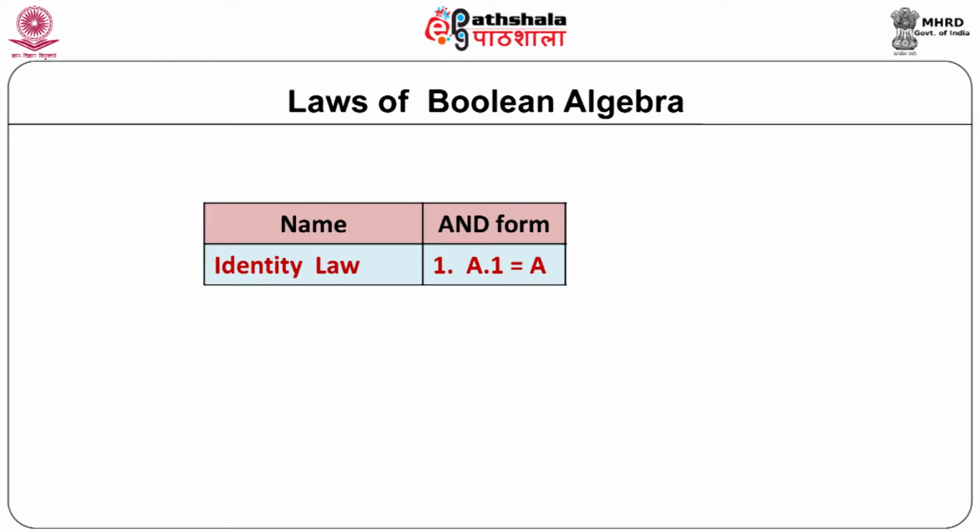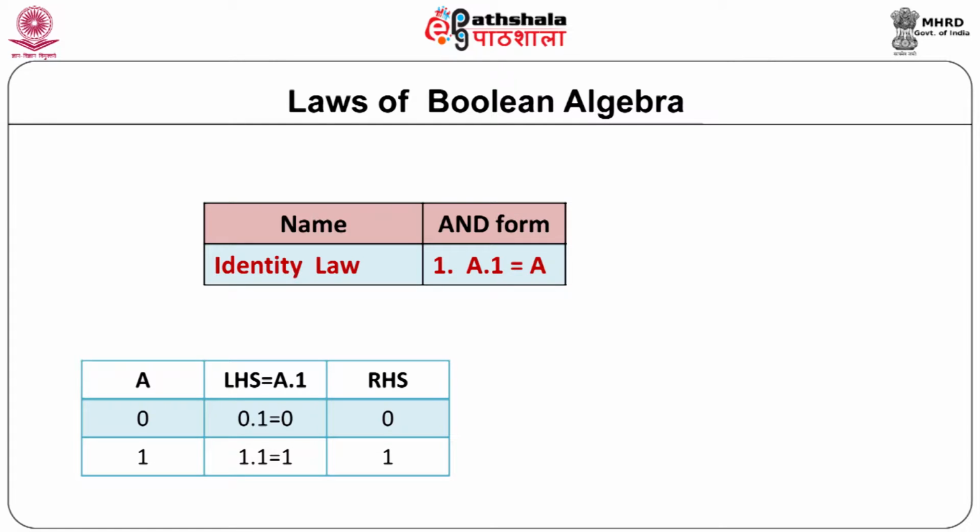To do this, a truth table is built for each side of the equation that appears in the theorem. Then both sides of the equation are checked to see if they yield identical results for all the combinations of the Boolean expressions as well as values. Let us verify it. If A is 0, the product is 0. Similarly, when A is 1, the multiplication results in 1.